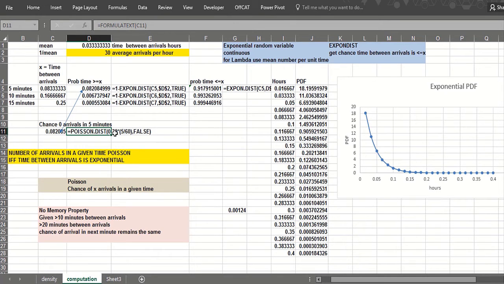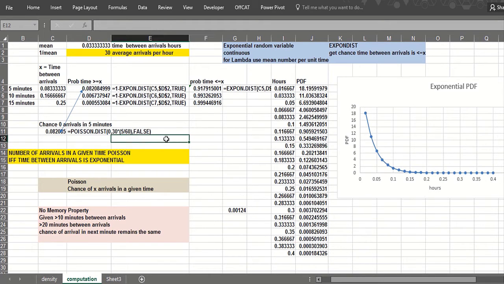So 30 is the mean per hour. So the mean in 5 minutes would be 30 times what fraction of an hour is 5 minutes? 5 over 60. So basically in 5 minutes you'd expect 2.5, which is 1/12 of 30. You put false for the chance of 0. You could put true. You get exactly the same answer. The chance of 0 arrivals in 5 minutes is 8%, which is the same as the chance it'll be at least 5 minutes between arrivals.